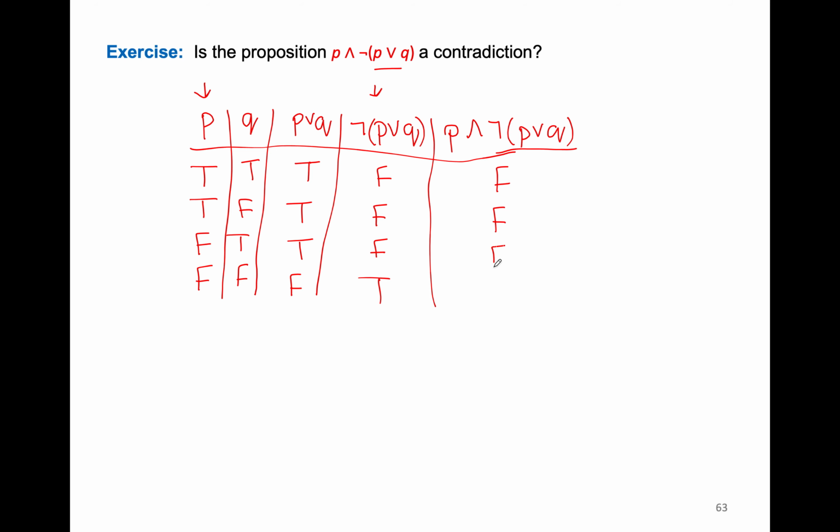False and false is false. False and true is false. And here we see that this logical expression is a contradiction, which means the logical expression has only one truth value, which is always false.